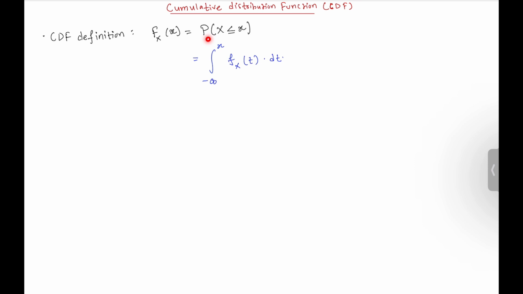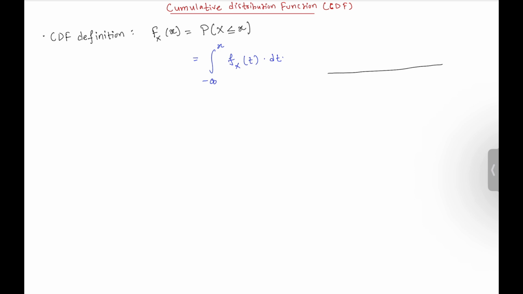So you are finding the probability till point x. Let's take an example of a simple random variable, the uniform random variable.